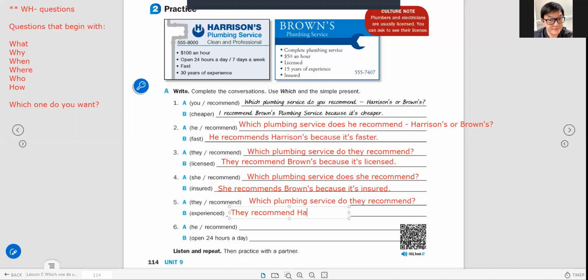Harrison's. Very good. They recommend Harrison's because it's more experienced. Yeah, I can do like that. It's not bad.